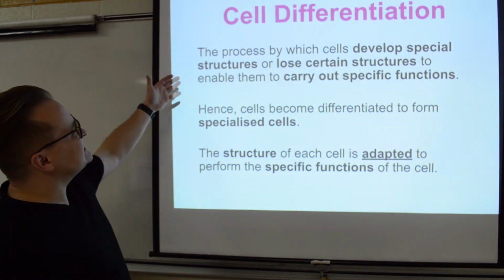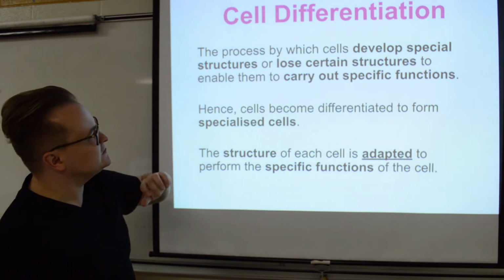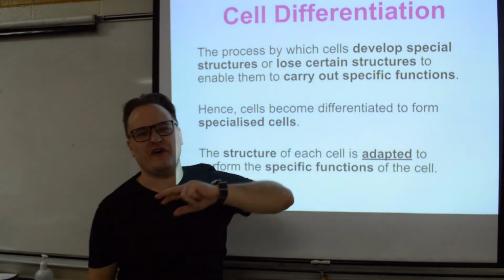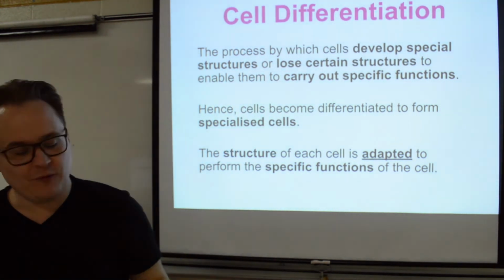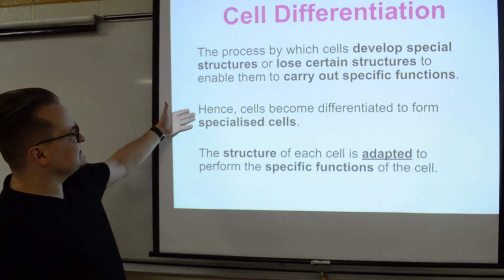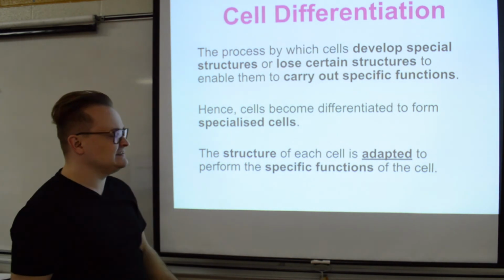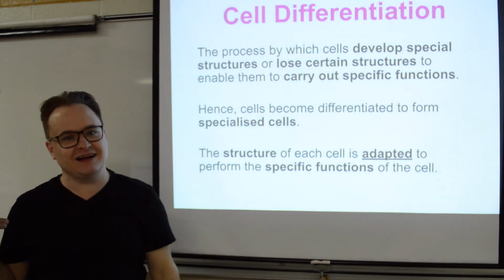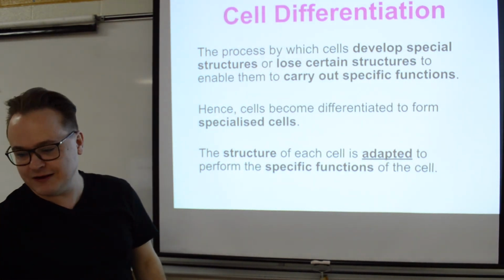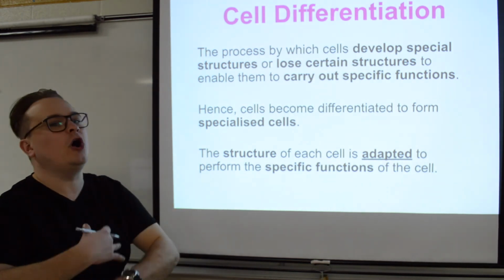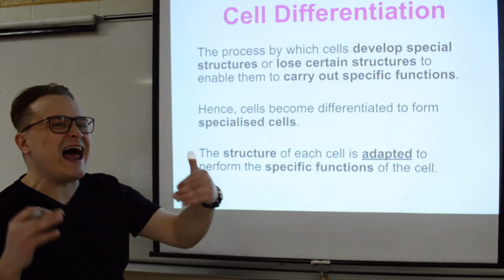Cells develop special structures or lose structures to carry out specific functions. They do their job very well for what they're meant to do. Hence, cells become differentiated to form specialized cells, and the structure of each cell is adapted. You could pause this, or you can look at the slides that I've given you and write this down in the margin. This is your assignment today. Having all of these margin notes written down, that is the assignment.